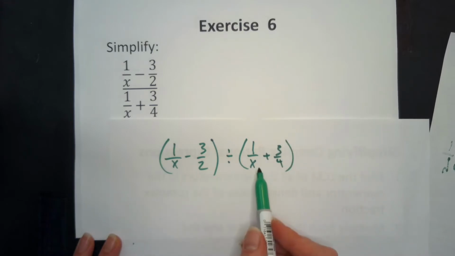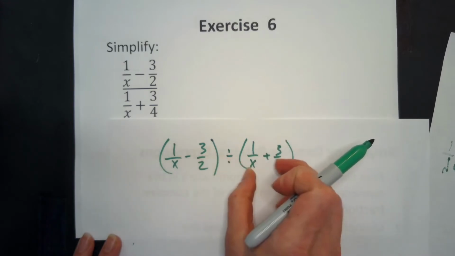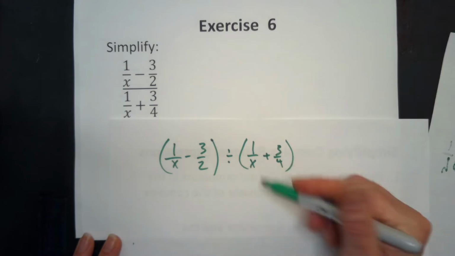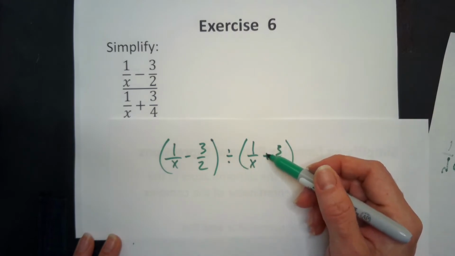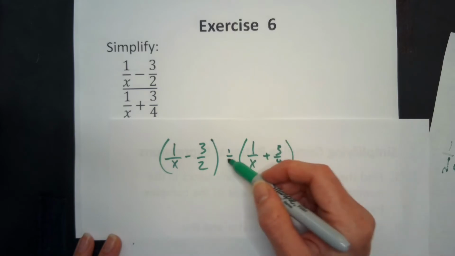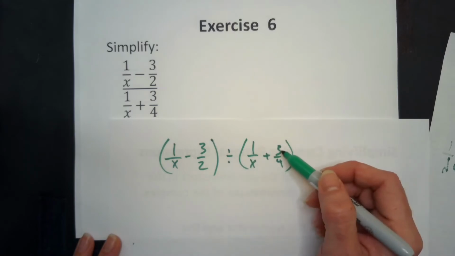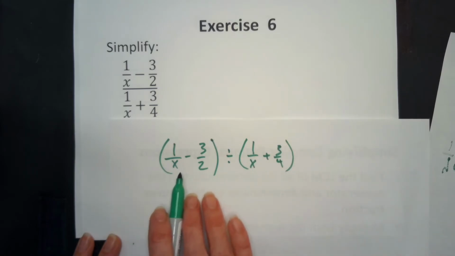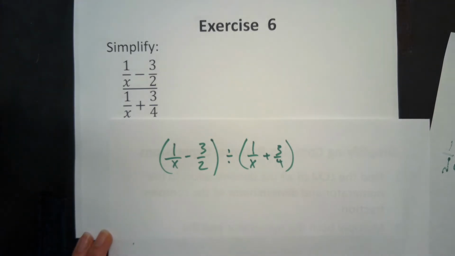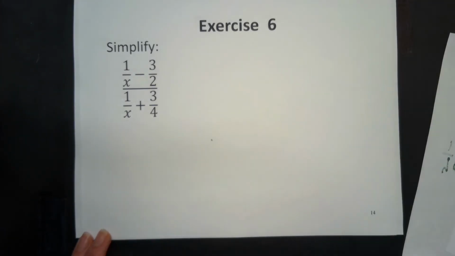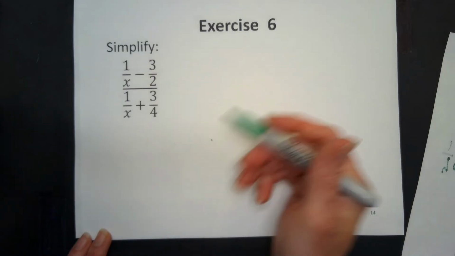Now, this only works well if you can simplify these fractions really easily, because when you flip and multiply, you're just going to get another complex rational expression, and you don't want to do that. So the easiest thing to do here would probably be to find the least common denominator of everything first and do that all in one big step.